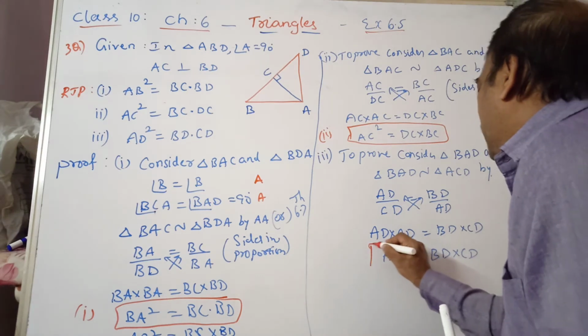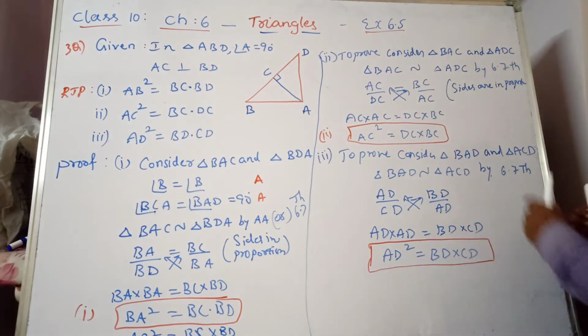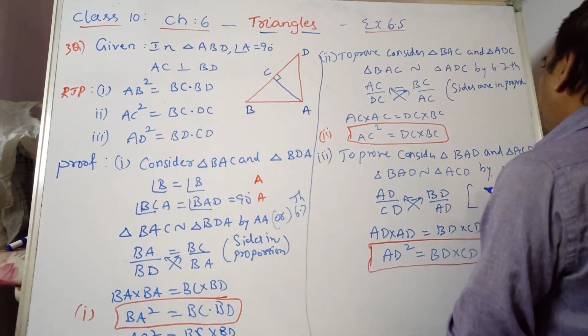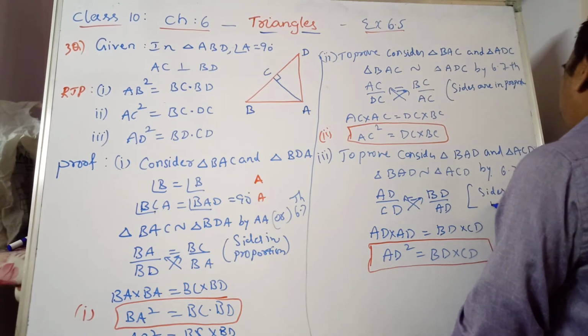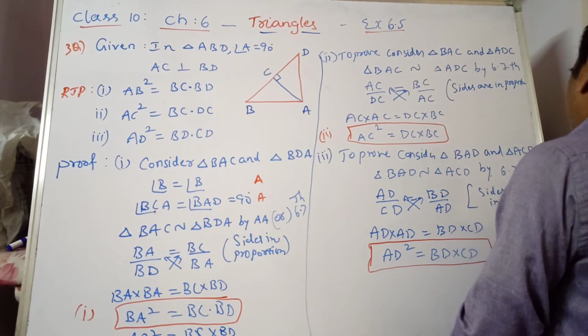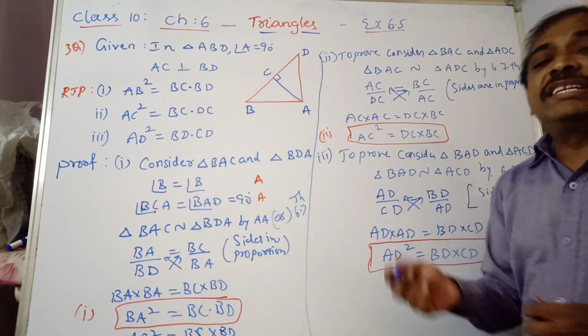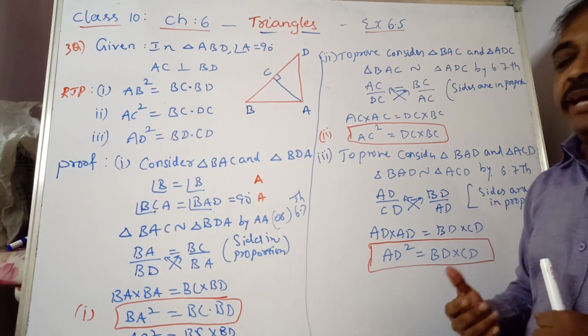So we are just applying angles. If the triangles are similar, then sides will be in proportion. Why are sides in proportion? Once the triangles are similar, their corresponding sides will be in proportion.